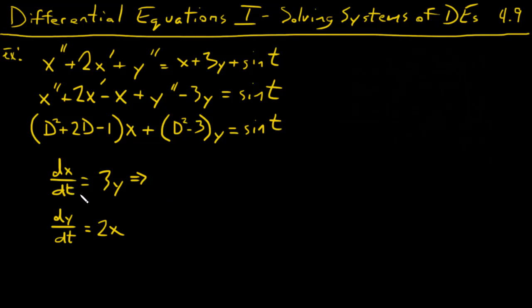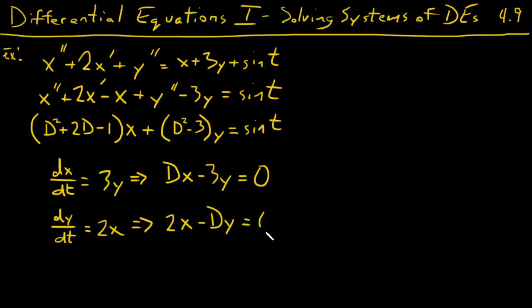I'm going to wind up with capital D x minus 3y equals 0. And notice I've put it into a standard form where it's x and then y. For the second one, I'm going to wind up with 2x minus Dy equals 0.